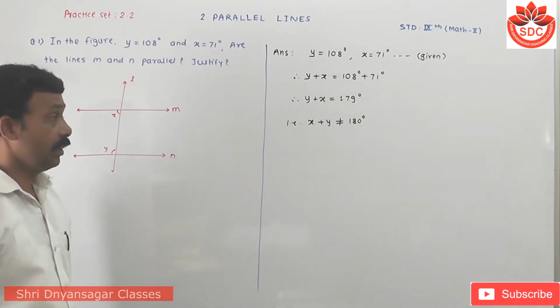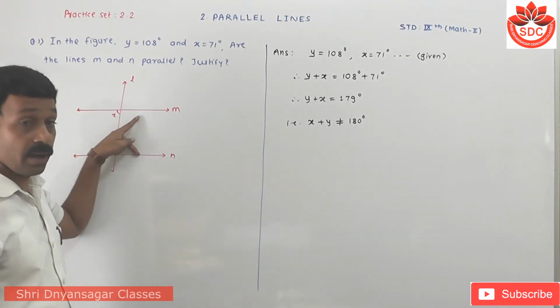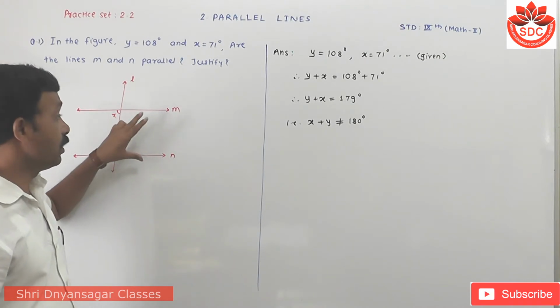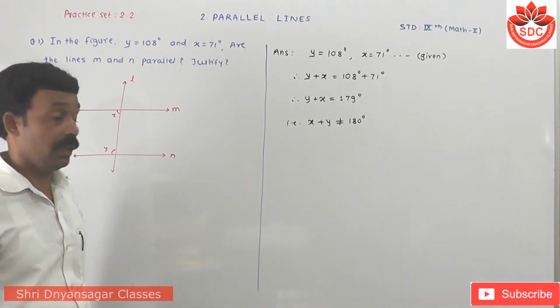180 degrees. Now student, if this is 180 degrees, then these two lines are parallel by using the interior angle test or theorem. So these two lines are not parallel because their sum is 179 degrees.